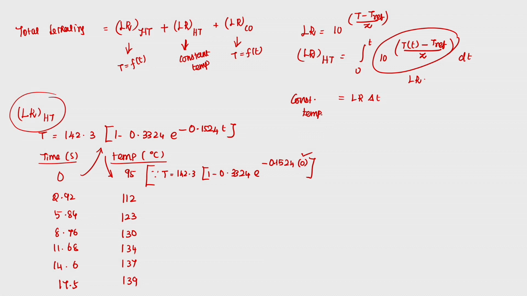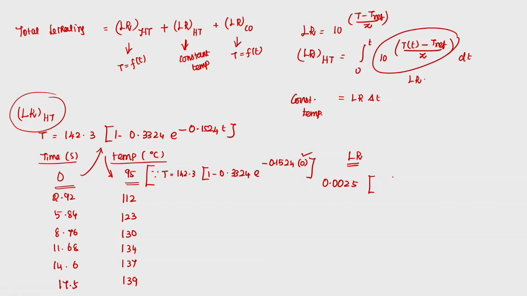Then I am supposed to calculate LR. I have a formula for LR. We are not going to do integration here; I will tell you how to do that. We are just simply calculating 10 to the power of... the LR rate here, for example, is 0.0025 for this particular 0 and 95 time-temperature combination. How did I calculate?